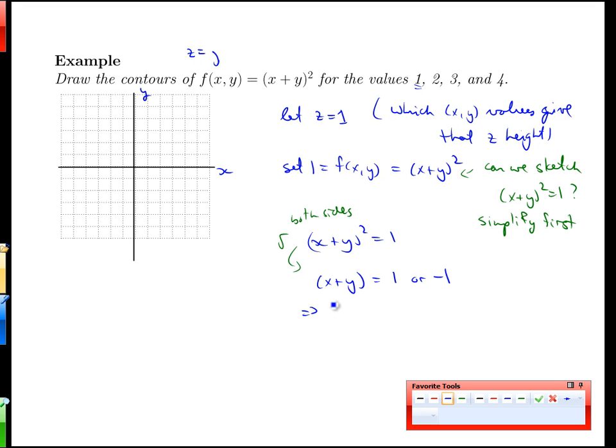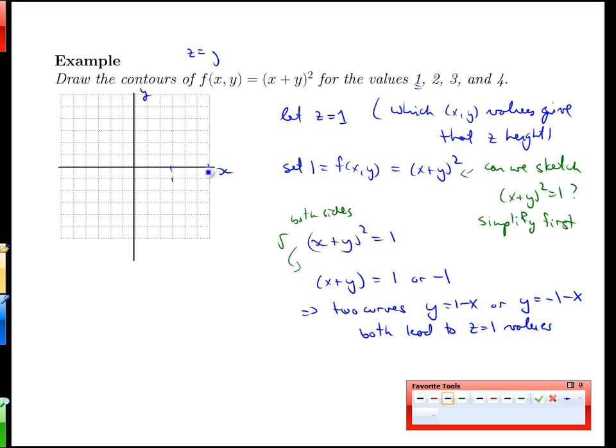And that leads to 2 curves. y could be equal to 1 minus x, or y equals negative 1 minus x. Both lead to z equals 1 values. Any point along those two lines will give us z equals 1.